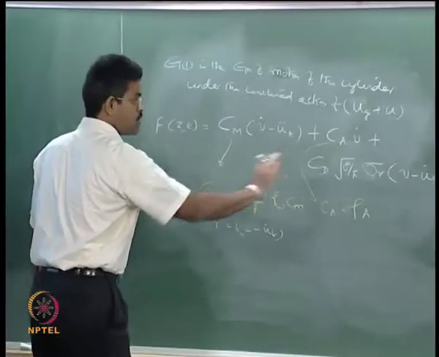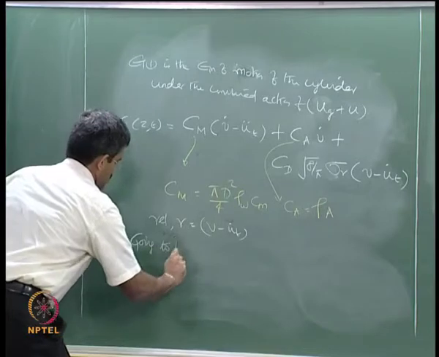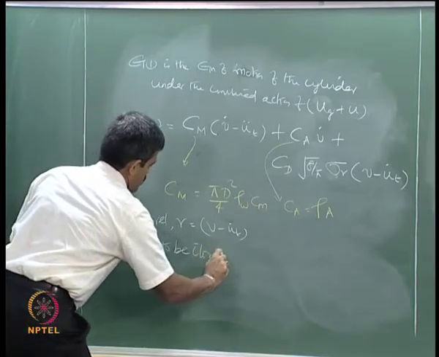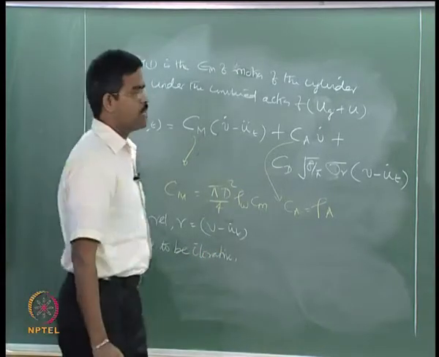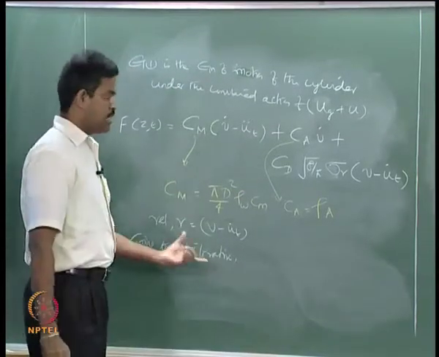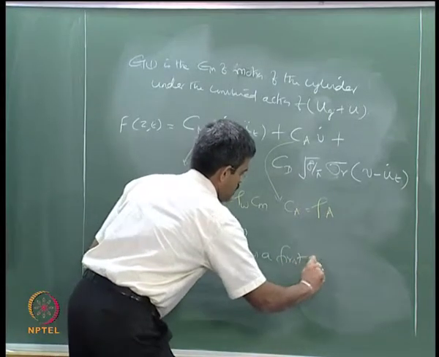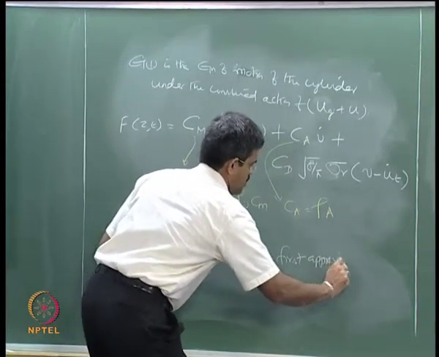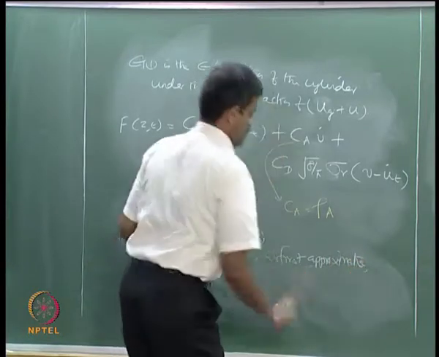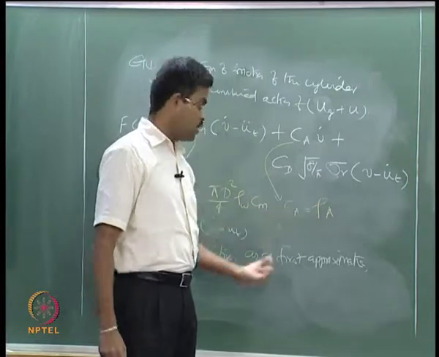So, as a first approximation, this scheme is going to be iterative. When you use a time domain analysis solution, this will be iterative, because in the first value you will not have sigma r, because you will have only one set of values.